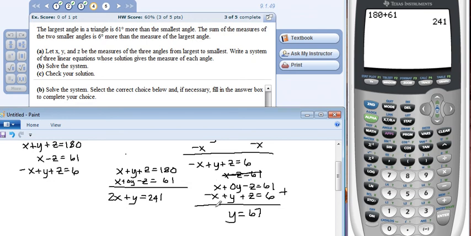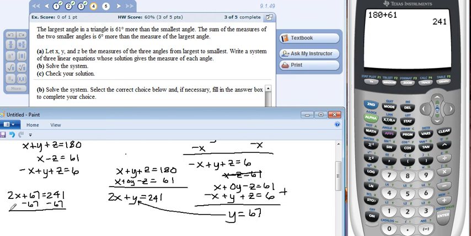But what I did was I added my y's and my z's dropped. I'm adding, so now I can plug that back in here, right there, to find x. So this actually turned out to be pretty good. Plus 67 is equal to 241. So I'm going to subtract a 67.